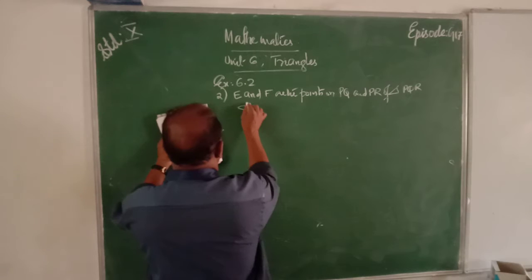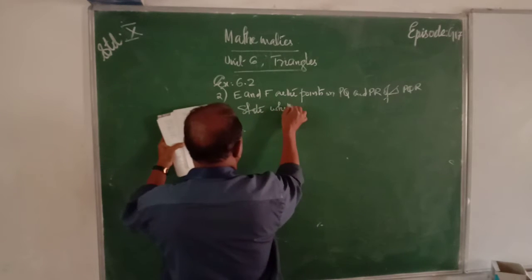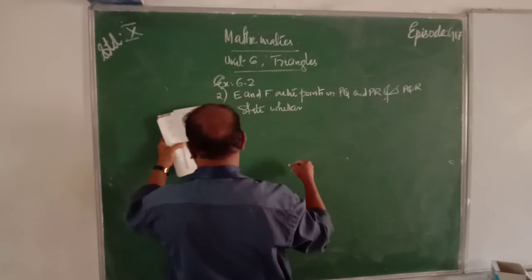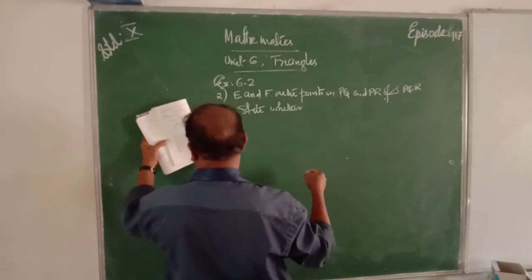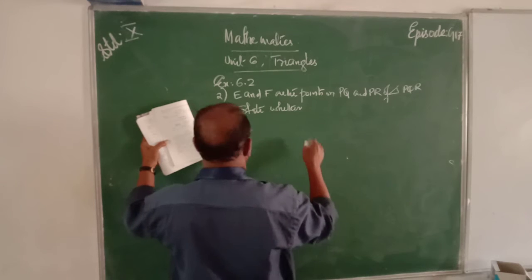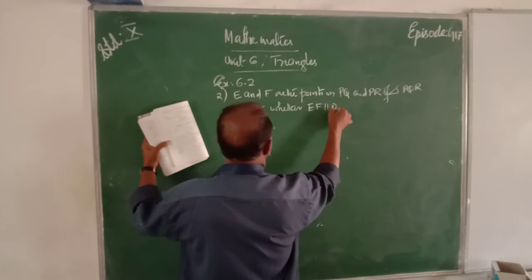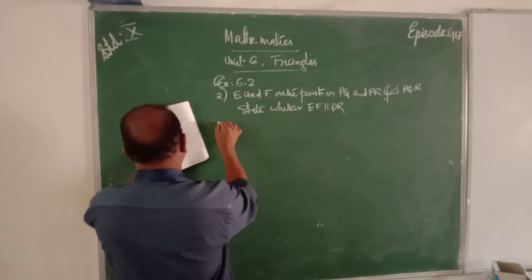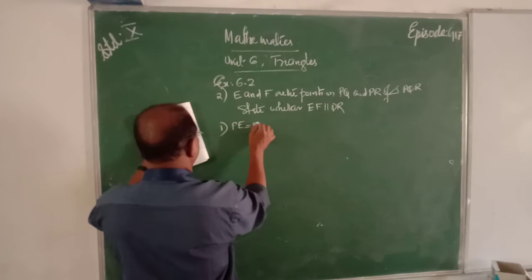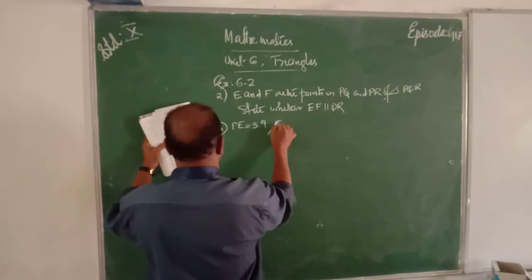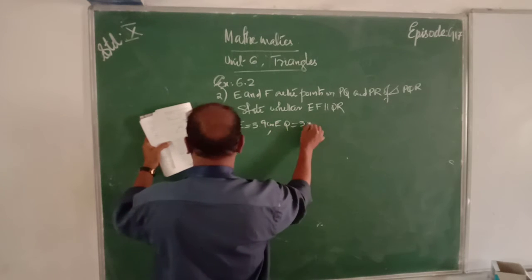State whether EF is parallel to QR. In the first question, PE is equal to 3.9 centimeter, EQ is equal to 3 centimeter.